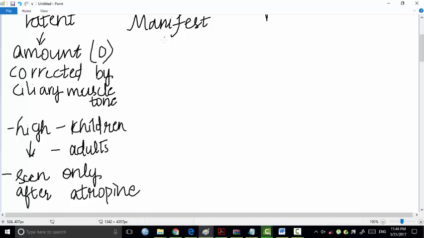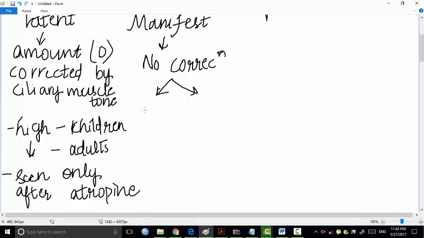Now coming to manifest hypermetropia. It is the remaining portion of hypermetropia which is not corrected by ciliary muscle. No correction, right? And it is of two types.